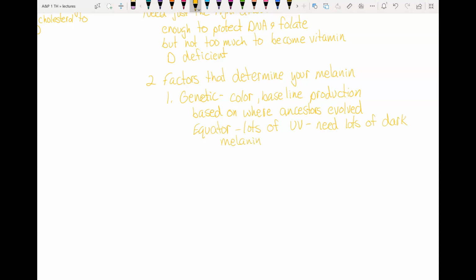If your ancestors 20,000 years ago evolved far from the equator, either far north or far south, there is very little UV light here. So you only need a small amount of light melanin.